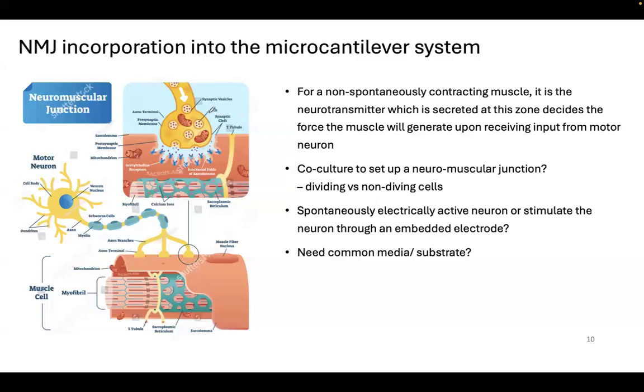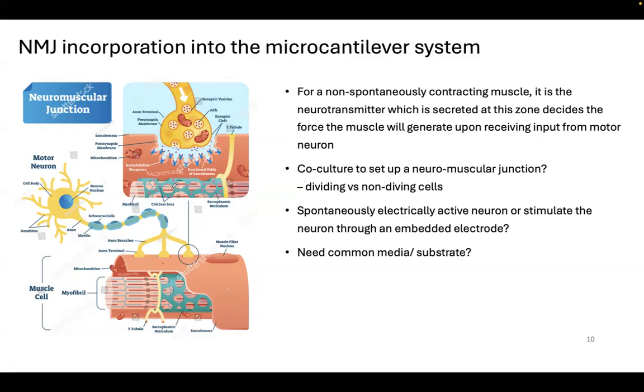ACH stands for, A stands for acetyl and CH stands for choline. This acetylcholine is released in this space, and then you have these receptors for acetylcholine. That means these membrane proteins, they see that, oh, I've got some acetylcholine here, so I need to do something. So that is what is happening at a neuromuscular junction.